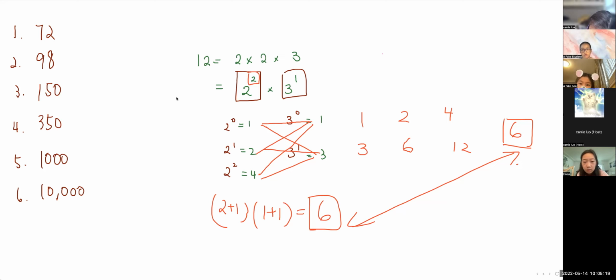Focus not on the number itself, but on the answers. What kind of number will give you the number of factors as an even number? What kind of number will give you the number of factors as an odd number? And obviously, if you take a look at this, most of the number of factors of a number is odd or even. That is something I want you to think about. This is very important.